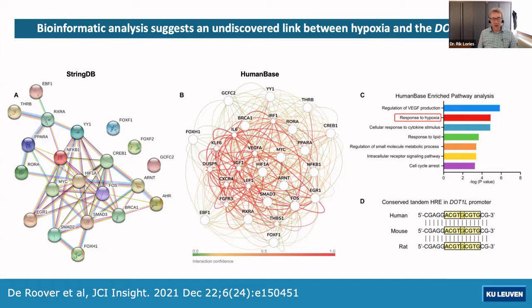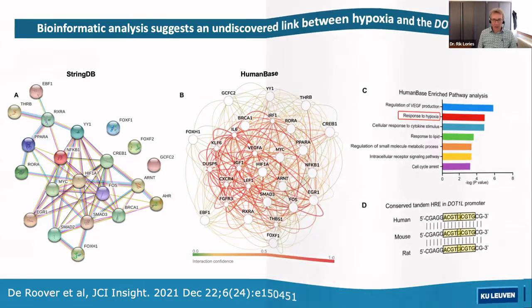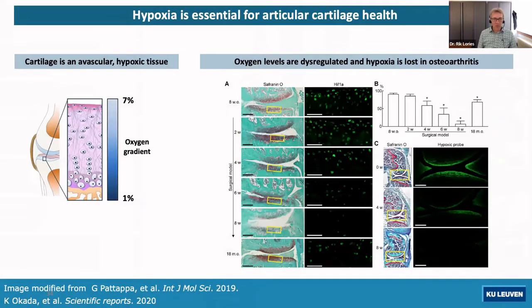And indeed, in some of the networks that we have drawn, HIF1 alpha, which is a key mediator of hypoxia as a transcription factor, was right in the center. Looking more specifically in detail, indeed, we find hypoxia HIF1 alpha binding elements in the DOT1L promoter. Now that may be important in the context of OA, because the articular cartilage is largely a hypoxic tissue.